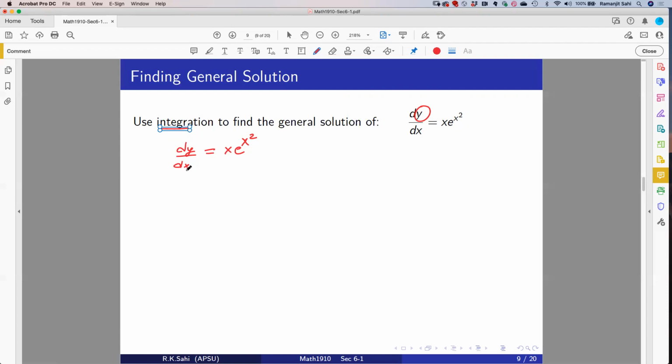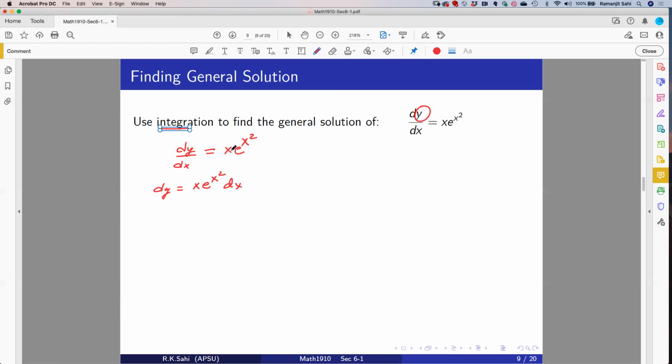In order to do that, first I'm going to write an equivalent form of this differential equation. I can write this as dy equals x e to the power x squared dx.